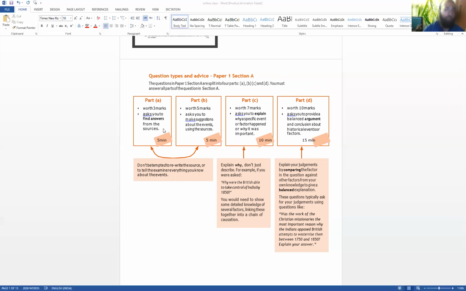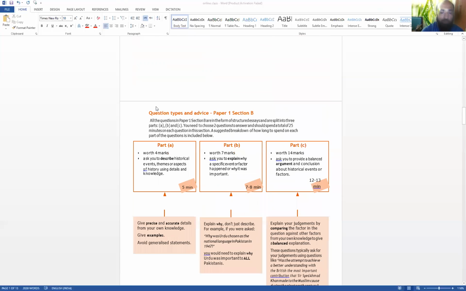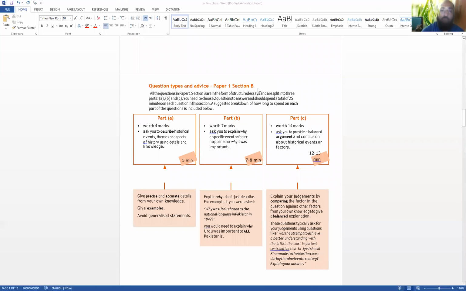As you have to attempt 3 questions, the first question has 4 parts. Then moving forward, in section B, you have to attempt 2 questions out of 4. You have 4 questions in section B and here you will have to attempt 2 questions.